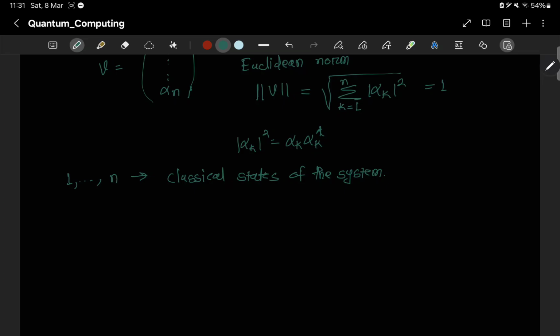So it is not based on our knowledge or assumptions about the system, but it is actually a physical state of the quantum system. And we'll see that when we measure this quantum state, it collapses to one of the classical states with some probability that is determined by the Born rule. So we'll be discussing all about that.